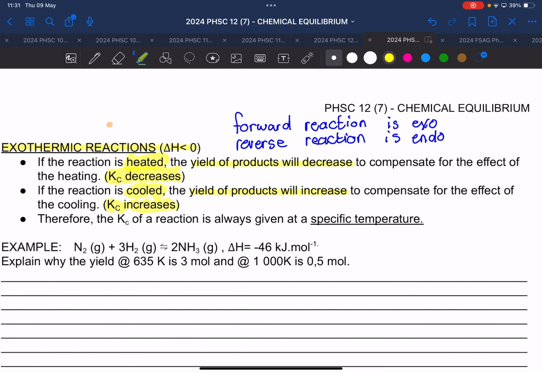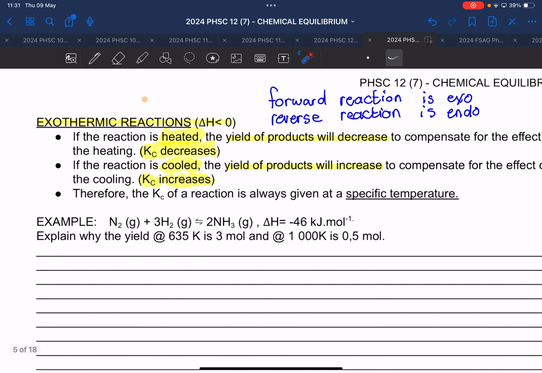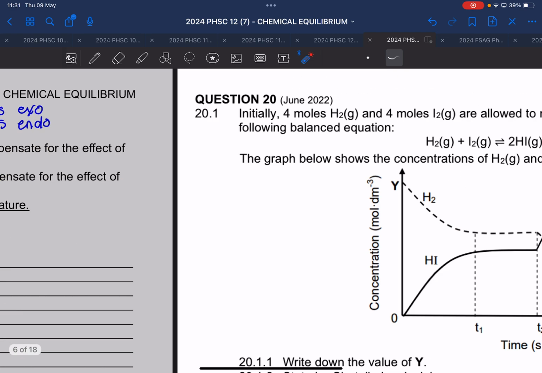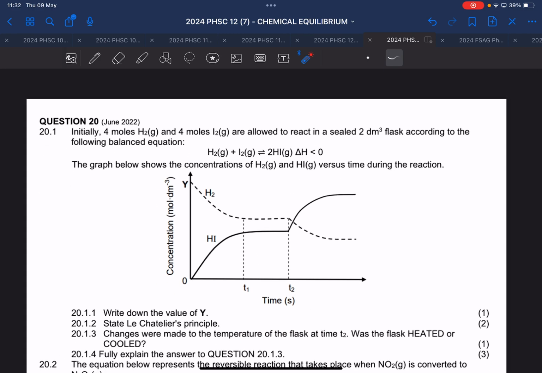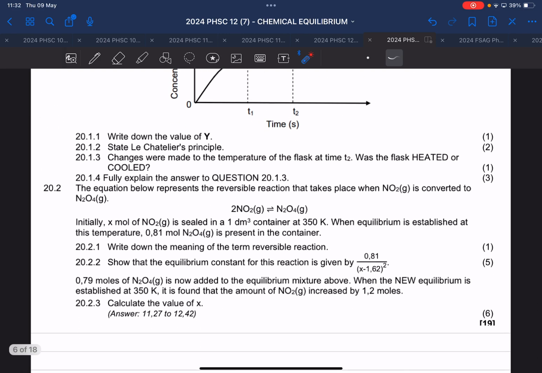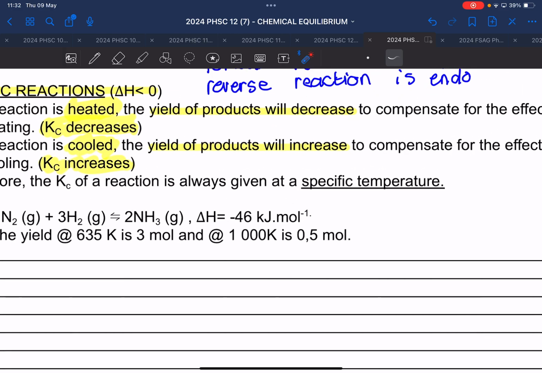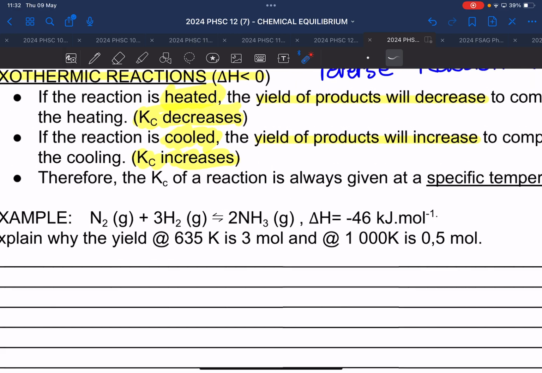Now they tell us the Kc value or equilibrium constant for a reaction is always given at a specific temperature. So for example, in this example you can see they tell us a temperature and they tell us the yield. In this one they don't, because we are going to change the temperature. Anyway, they will always say this reaction happens in a flask of this size at this temperature.